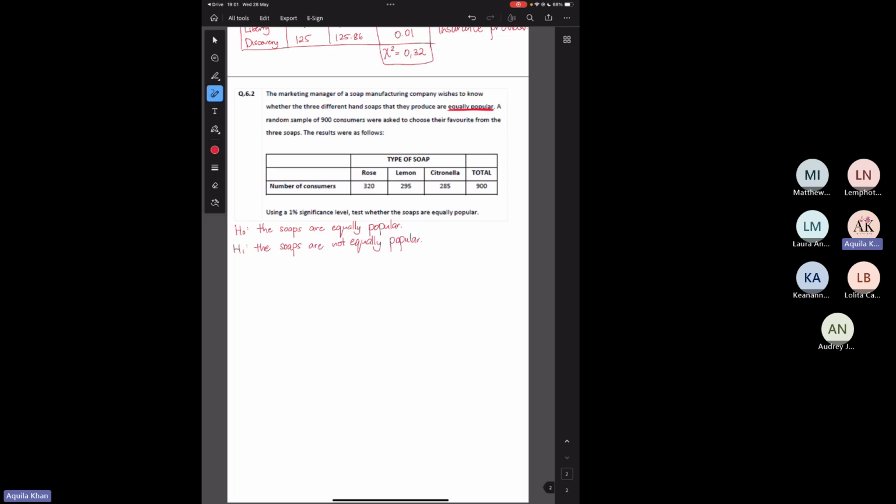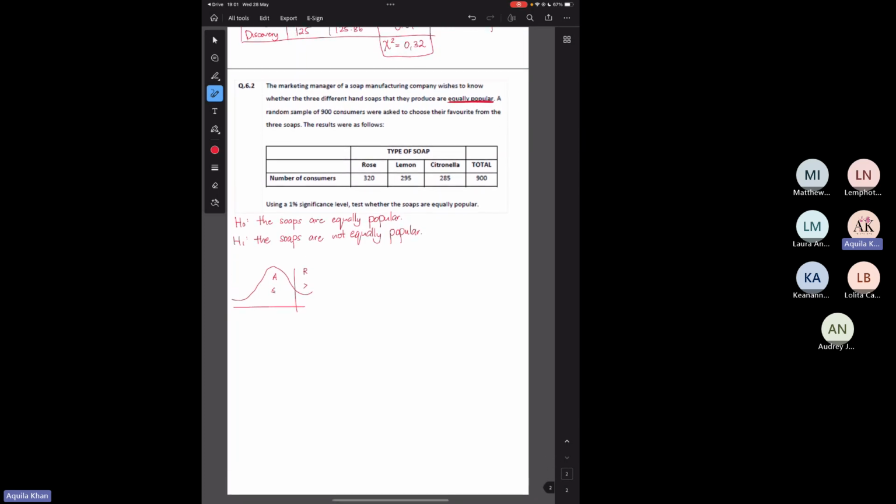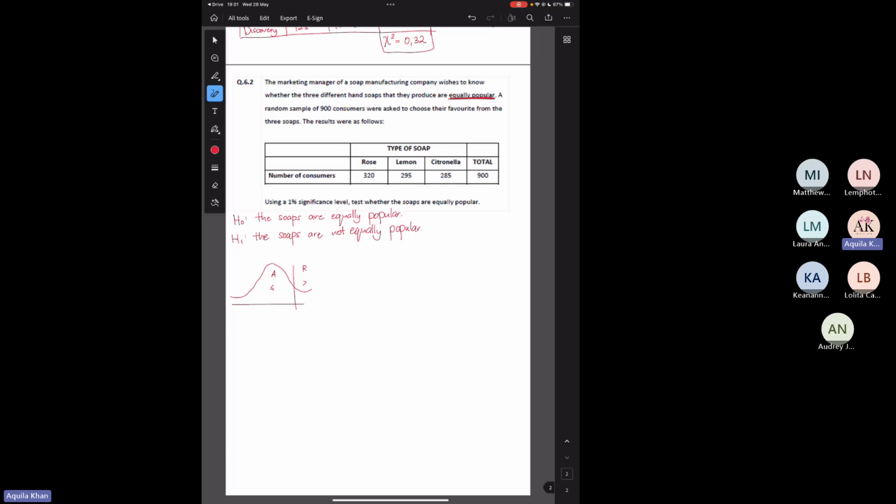That's step one done. Now, to determine your region of acceptance and rejection, acceptance is everything less than and inclusive of that line, rejection is everything greater. Now, to determine the actual value of that critical limit, you're going to look at what alpha is. They said it's a 1% significance level, so it's going to be 0.01.